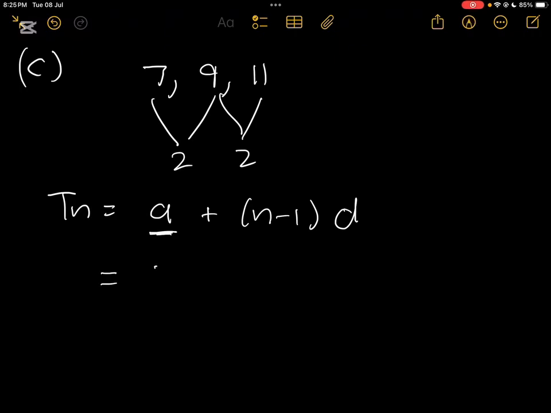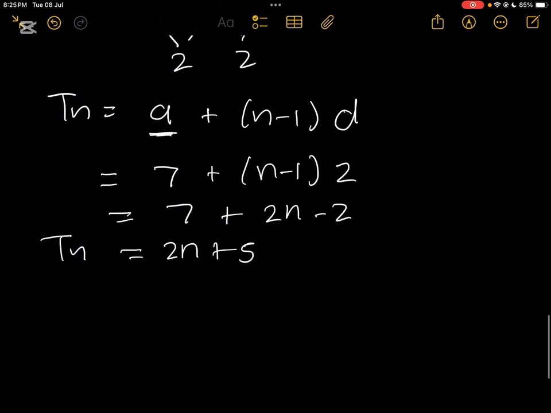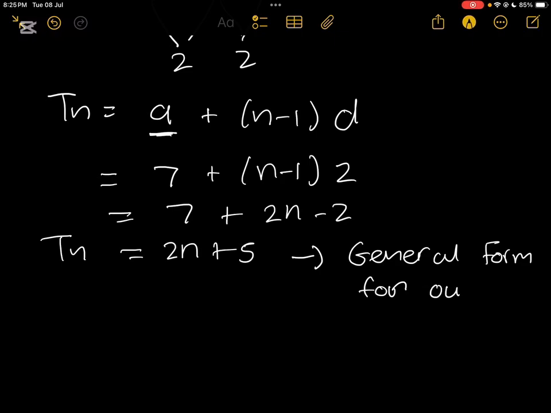So our first number would be 7 plus n minus 1 multiplied by d. d is our constant difference, which is 2. If I multiply out, 7 plus 2n minus 2, therefore Tn would equal 2n plus 5. So now we have a general formula for our first difference.